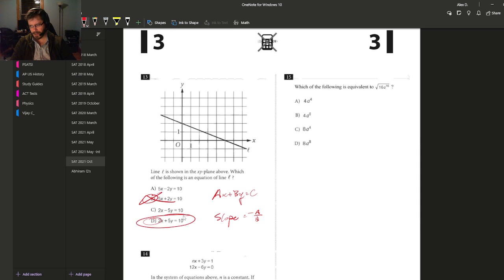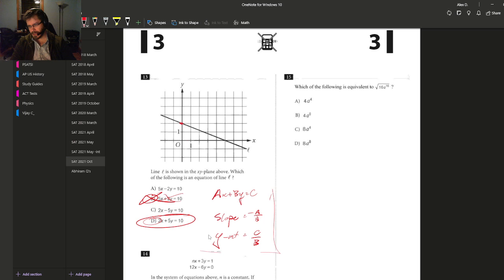It is not b, it is d. Negative 2 over 5. Just if I want to be thorough, the y-intercept is c over b. 10 divided by 5 is indeed 2, which does land us there. 10 divided by 2 would be 5, which would be up here, so that is doubly out.